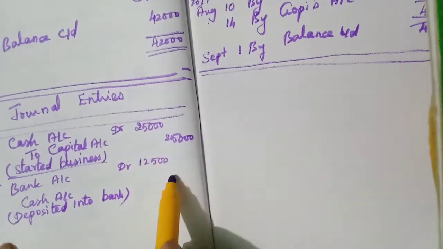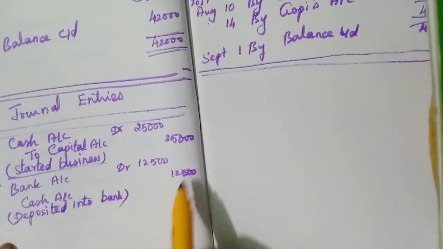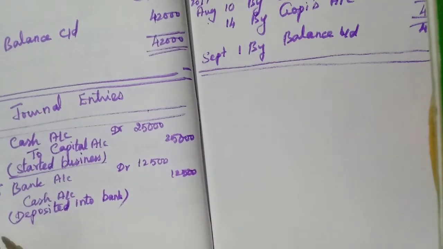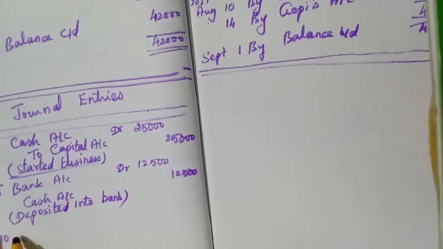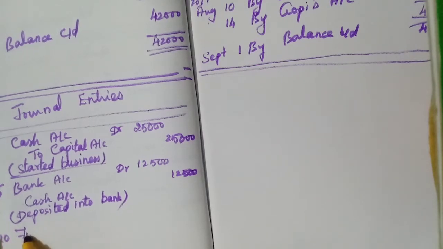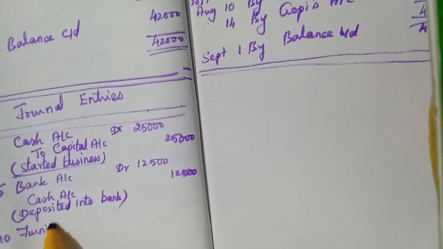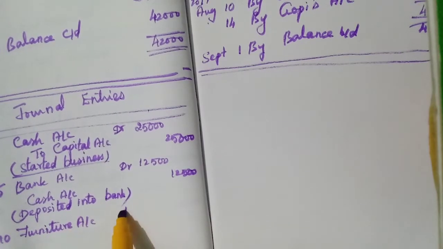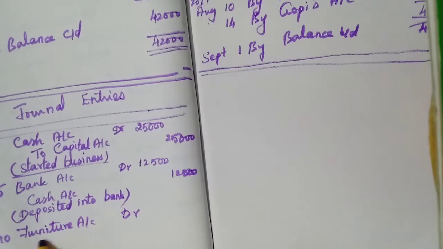12,500. Then 10. Purchased furniture and payment by check. So when we purchase furniture, that is an asset, debit what comes in. So what is coming in? Furniture. So furniture account debtor to, credit the giver.